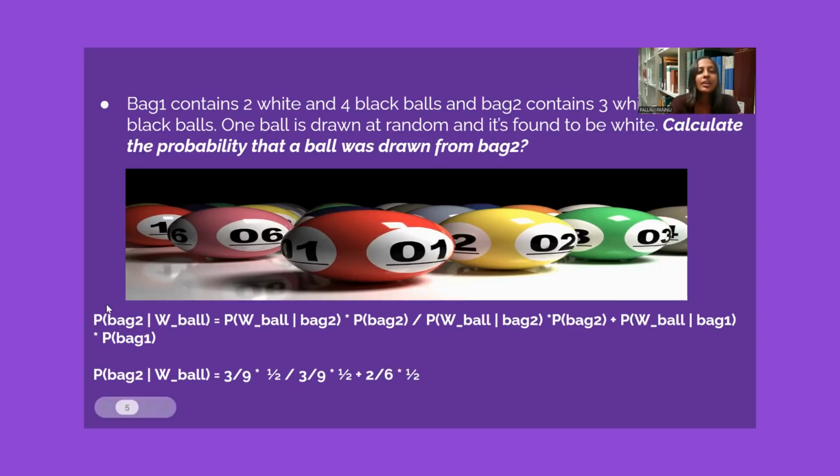Let's see how. We know the ball is found to be white, so this event has already occurred. We are interested in finding the probability that it is taken from bag 2. So now that is the event A. And this is the formula; you can easily decode it, dividing by the total probability from bag 1 as well as bag 2.